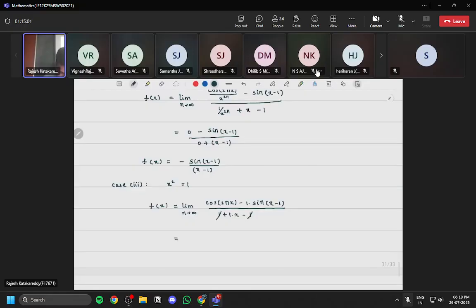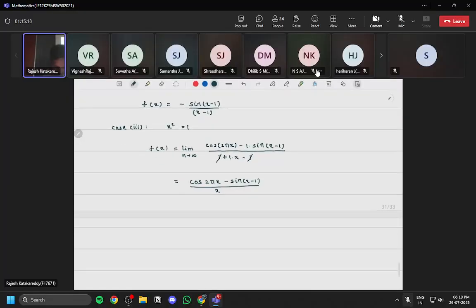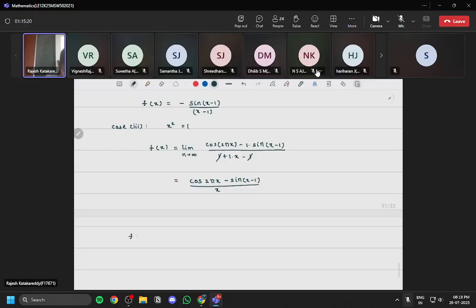So this becomes f of x is cos 2 pi x minus sin x minus 1 divided by 1. F of 1 and f of minus 1 need to be calculated here. F of 1 will be equal to cos 2 pi, which is 1, minus sin 0, which is 0, by 1.